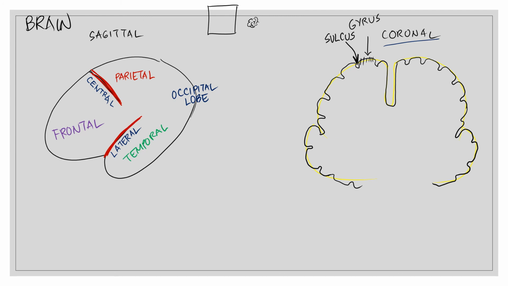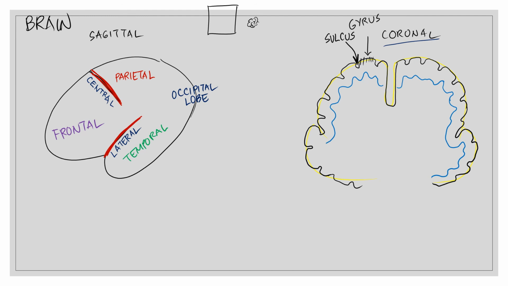Now, you would notice that if you make a coronal section, you cut the cerebral hemisphere in half, you would note that it's not homogeneous.